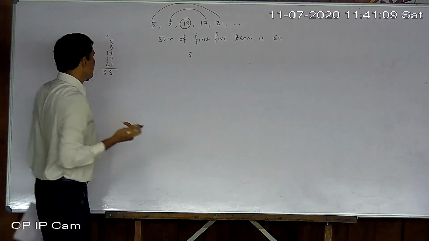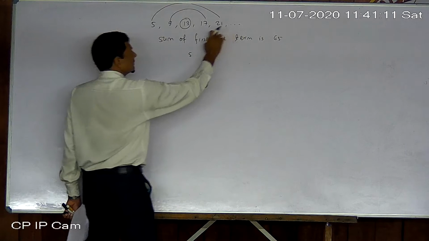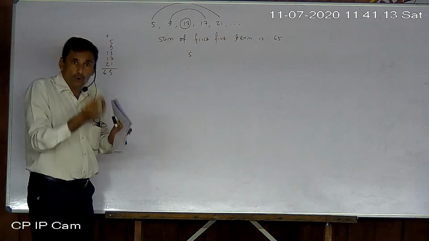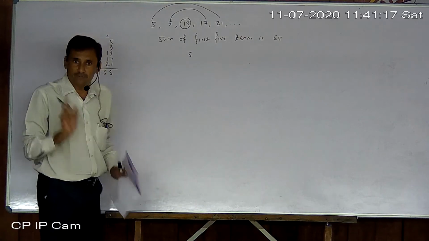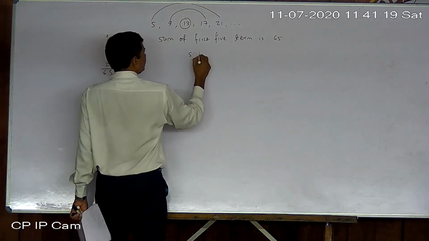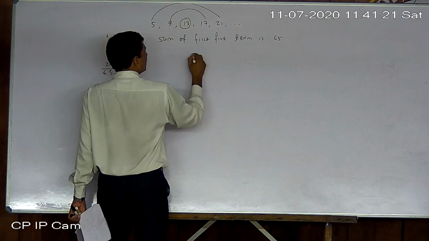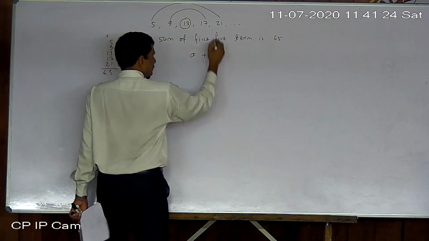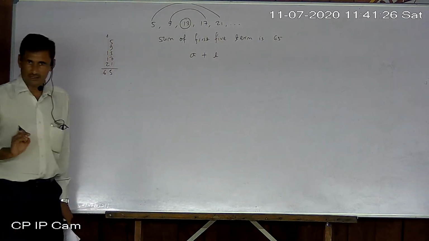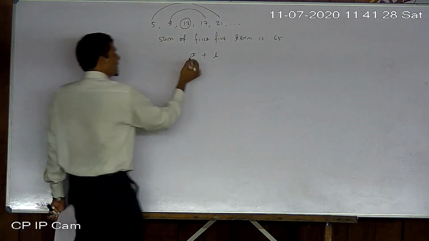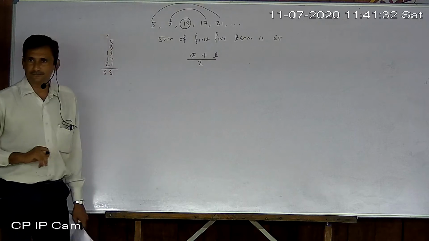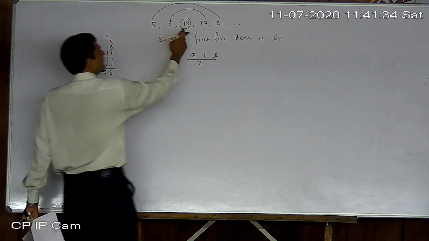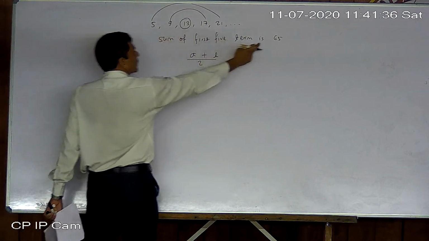Okay, so now taking the average is not to sum, just add all the terms of the arithmetic progression and divide by the total number of observations, but just first and last. So the first term is a, the last term is, suppose I say l, and if I divide by 2, then it is the average.